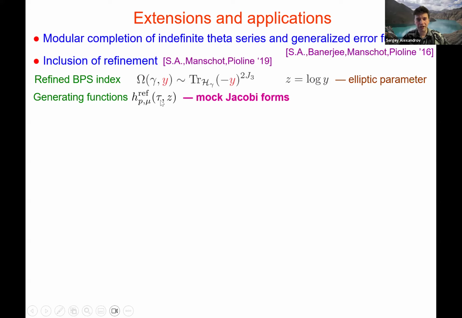In particular, our generating functions will also depend on it. And it turns out that now, instead of being just mock modular forms, they become mock Jacobi forms, which satisfy an analogous equation. And actually, this analogous equation looks even simpler than the unrefined equation. And in these mock Jacobi forms, the role of the elliptic parameter is played by the logarithm of the refinement parameter.